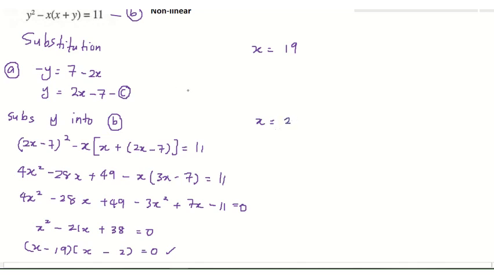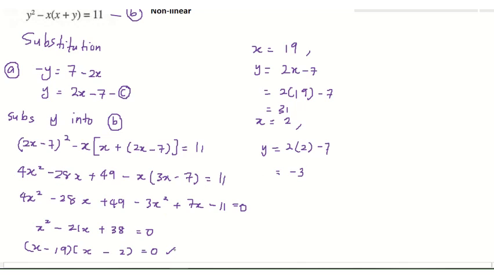In this equation, we only have two variables, x and y. So now that you already know x, your y is equal to 2x minus 7: 2 times 19 minus 7 equals 31. When x equals 2, y is 2 times 2 minus 7, equal to negative 3.